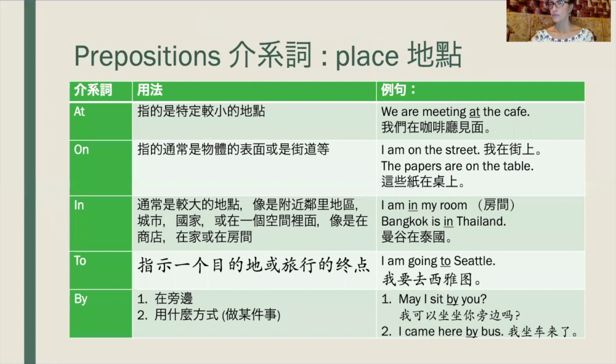Let's do prepositions. Prepositions of place. Okay, so let's 介系词地点, 地点的介系词.